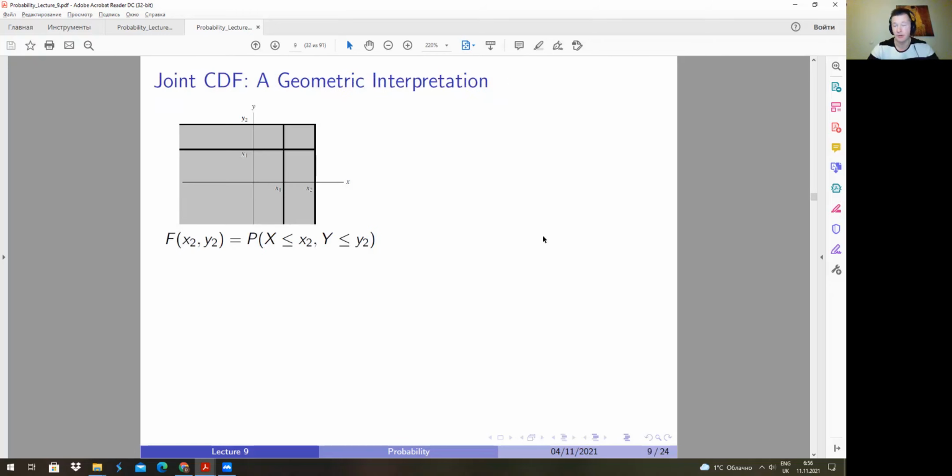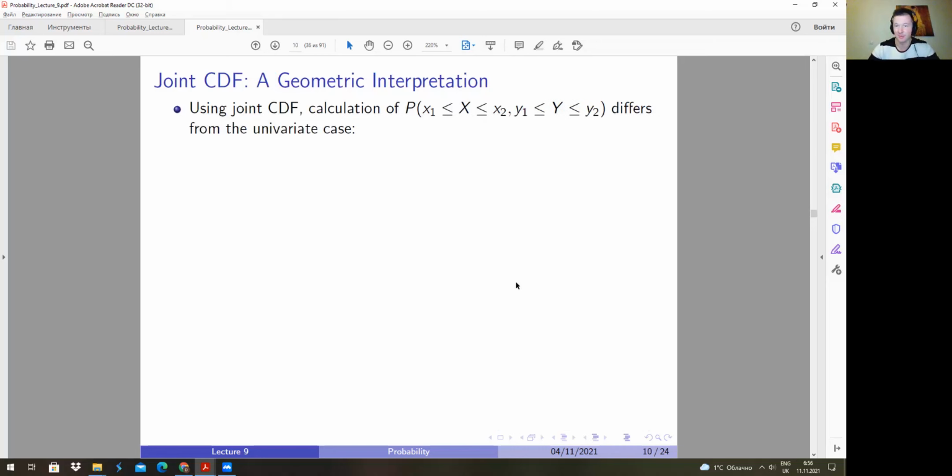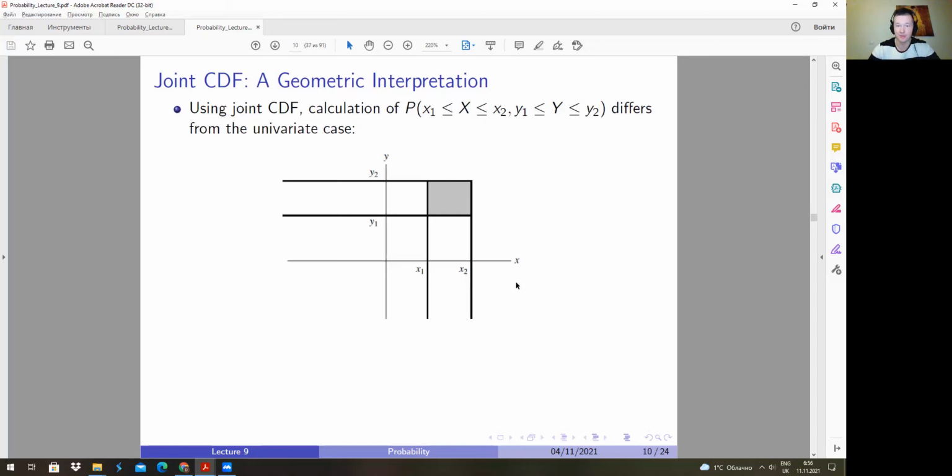And the only thing here is that when you are calculating these probabilities, you need to be careful that it's a bit more computationally intense and difficult compared to the previous univariate case.